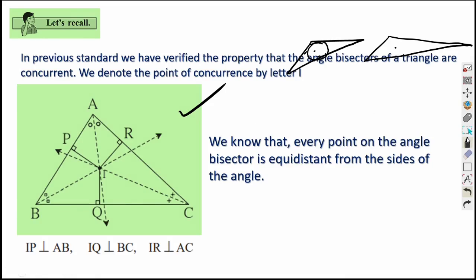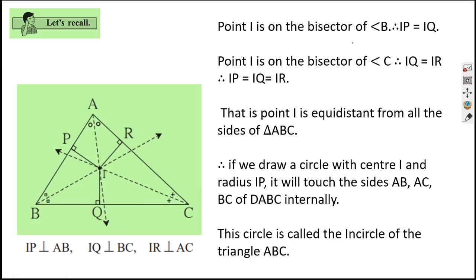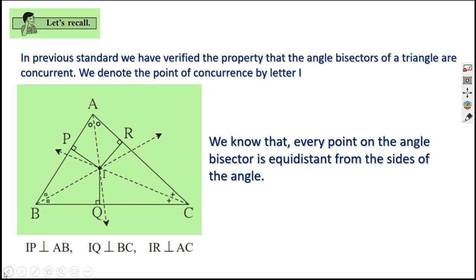It is given that certain properties which you have studied in the previous years are coming in use. One of the properties that you should remember now is about angle bisectors. What are angle bisectors? As the name indicates, the angle bisector is the line bisecting the angle.